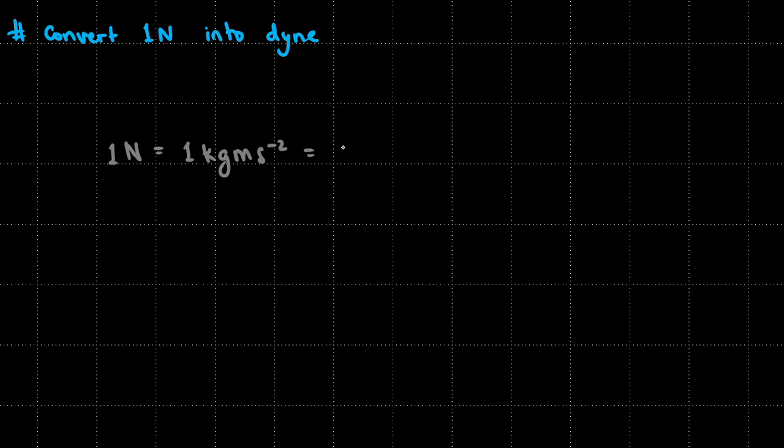So we can do 1 kilogram, and kilogram will be converted to 1000 grams. Then we can write meter to centimeter, that's 100 centimeter, and second will stay the same, which means it will give us 10 to the power 5.